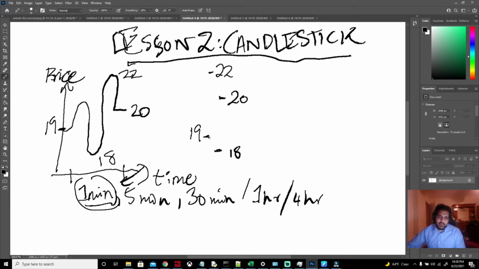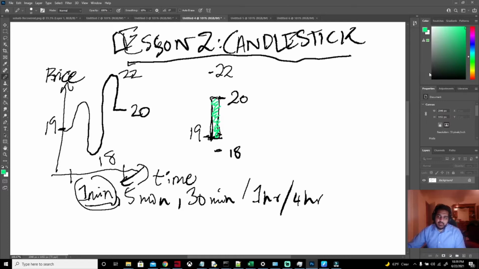So here, the body of the candle would be from the open to the close. Okay, that's the body. And it'll be colored depending on the overall movement of the price. So if it went up, it'll be colored green. If it went down, the other way around, the open was here, the close was there, it would be red.